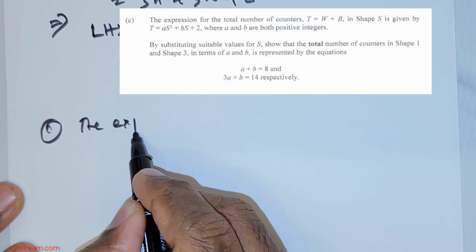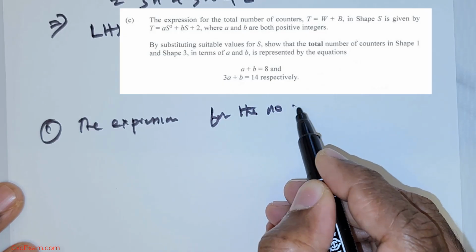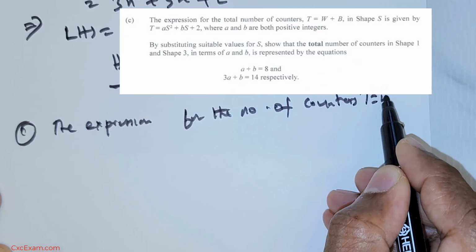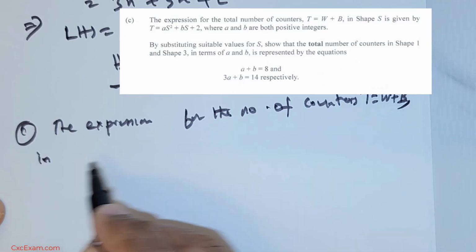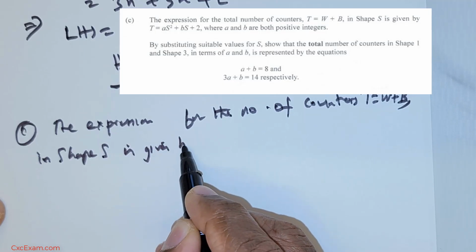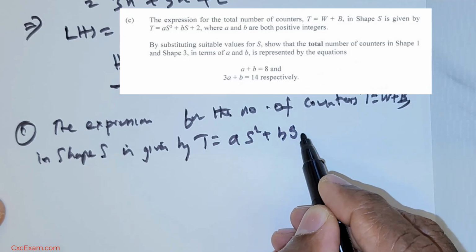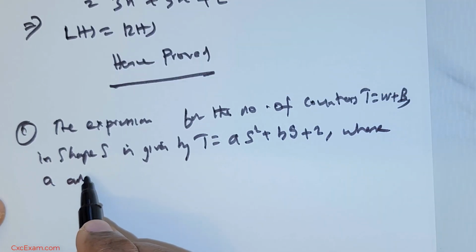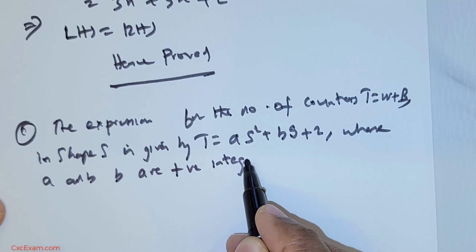The expression for the number of counters t is equal to w plus p in shape s is given by t is equal to a times s squared plus b times s plus 2, where a and b are positive integers.